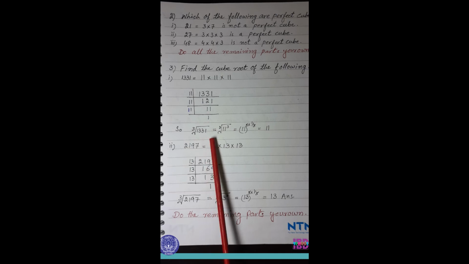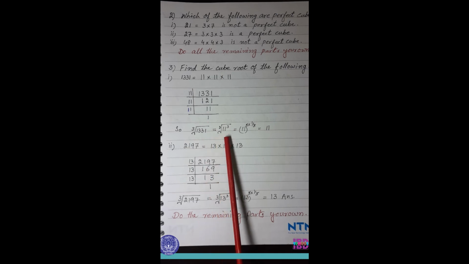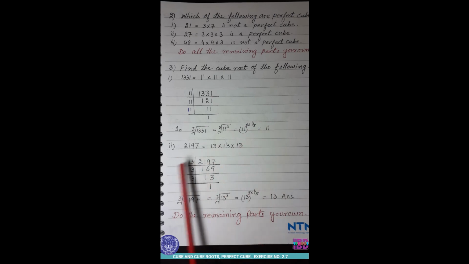That is, the cube root of 1331 is 11. Part 2 is 2197. Here the number at unit place is 7. We know that cubes of numbers ending in digit 3 end in 7. So we select 13 to divide 2197.